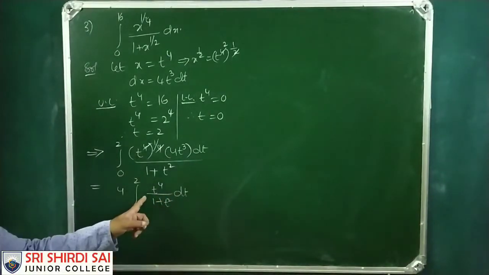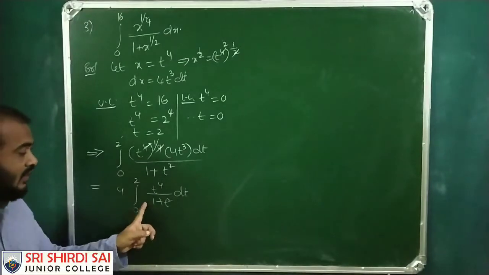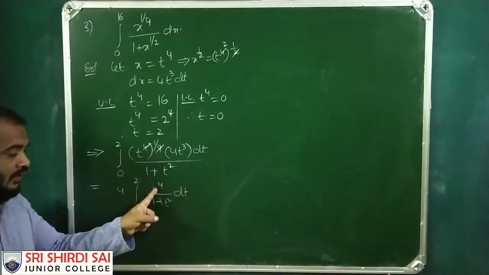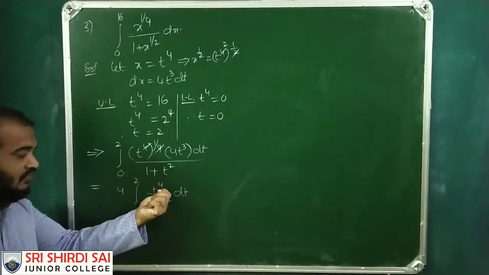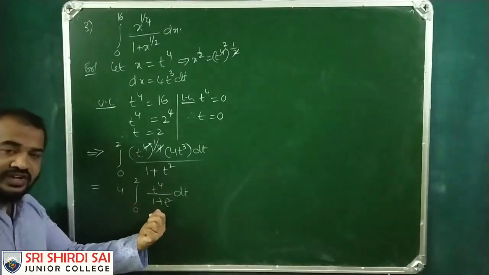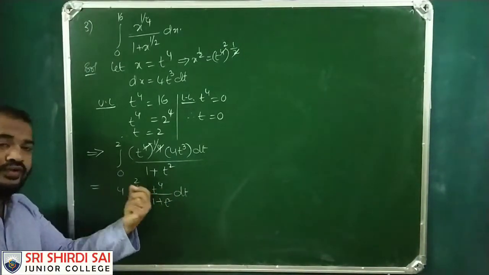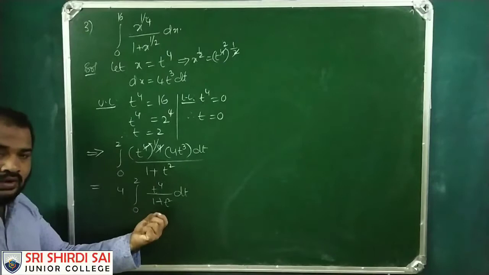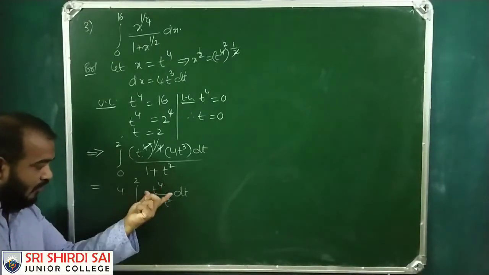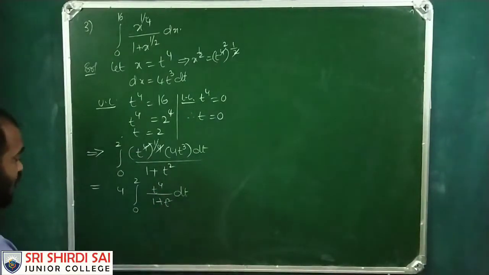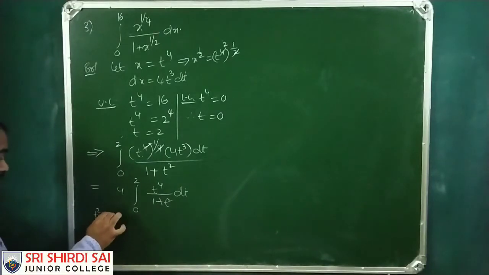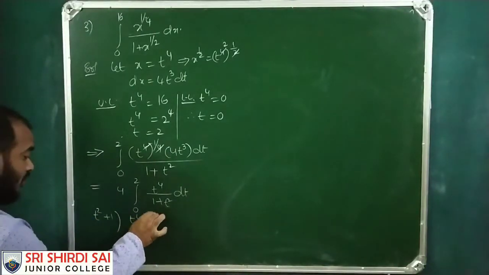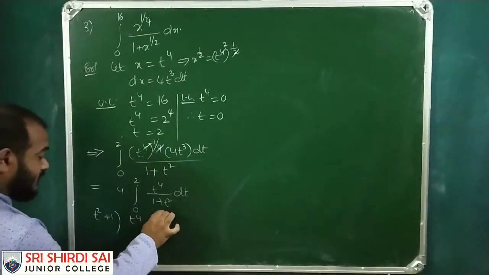So this is a fraction and the numerator's degree is 4 and the denominator's degree is 2. Therefore what do we do? We need to divide this t power 4 by 1 plus t square. Let us do that. So t square plus 1, t power 4. t square into t square is t power 4.